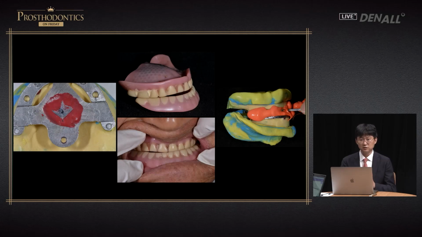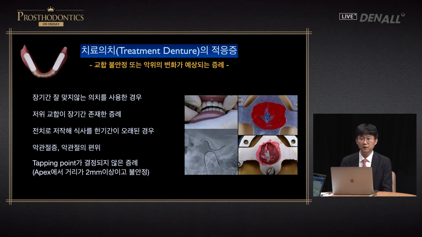Usually the mandible moves backward a little bit. Only then we can fabricate another denture for that position. You need to decide which one to choose for each situation. A treatment denture can be used for senior patients when we are not sure where the stable point would be clinically. A treatment denture can be fabricated in a case where changes are expected.